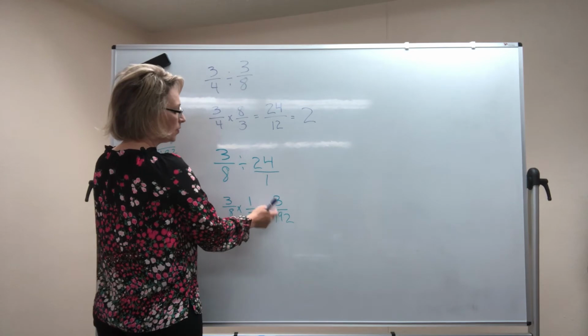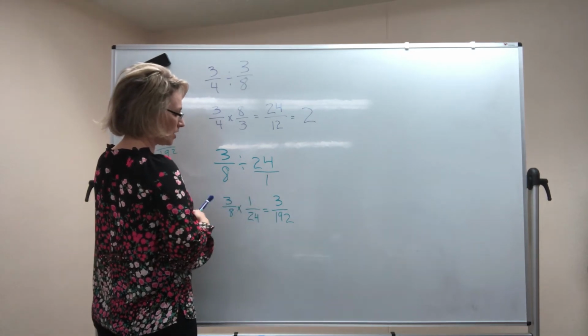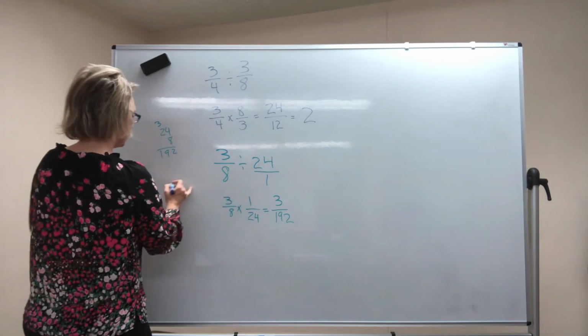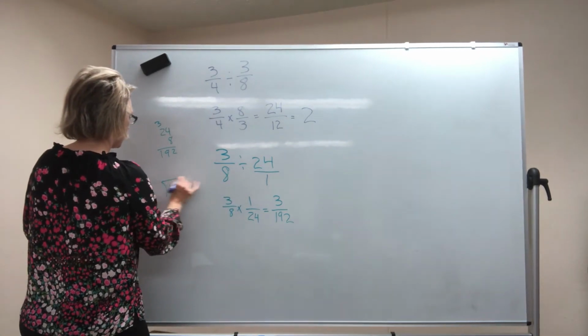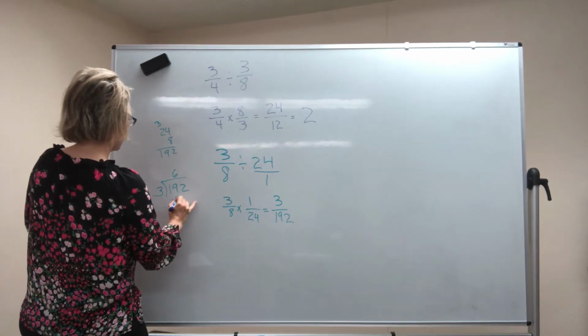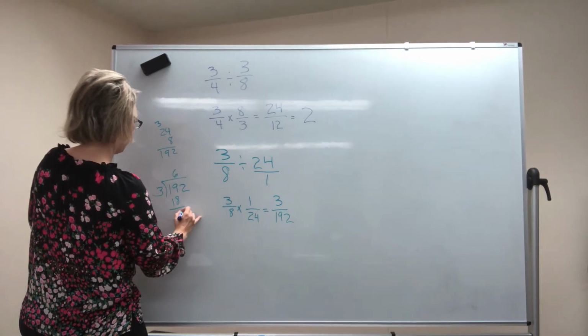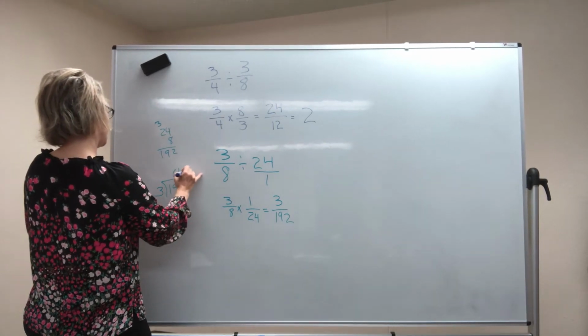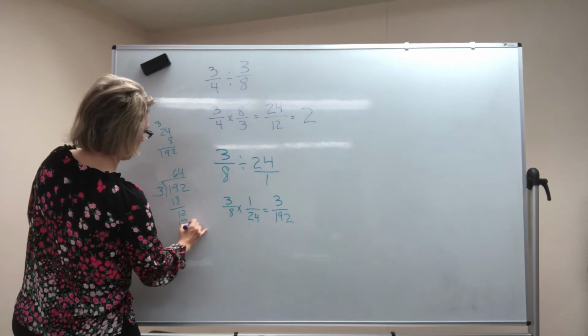I have to see what number would go evenly into both the top and the bottom. And 3, let's see if we divide 192 by 3. 3 goes into 19 6 times. 3 times 6 is 18. We have 1. 3 goes into 12 4 times, with a 0.